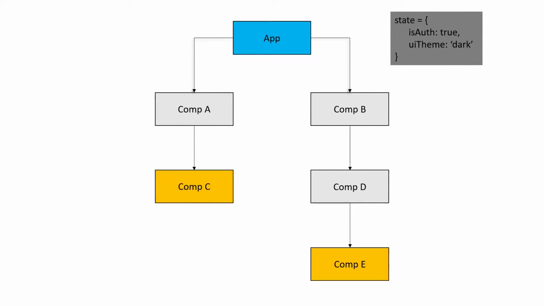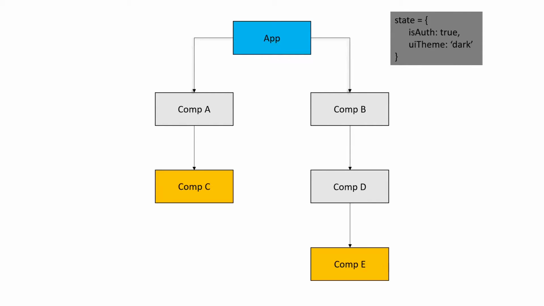This state can be anything you save in the app component. So in this example, I'm going to be using is the user authenticated and what is the UI theme. And let's say component C and component E need access to this state in order to render something conditionally or display the state. So how would we get the state from the app component down to these two components?